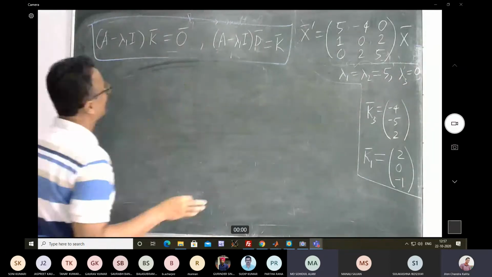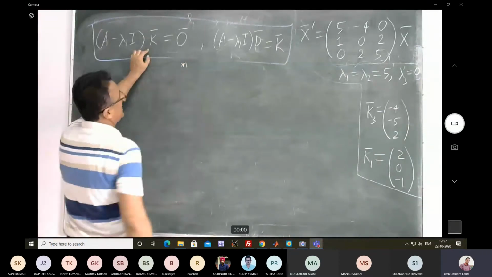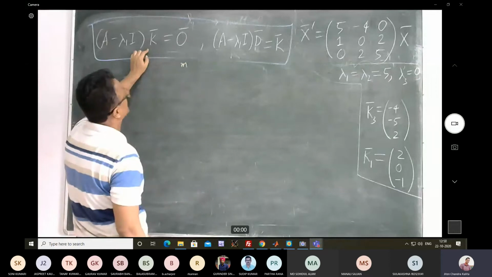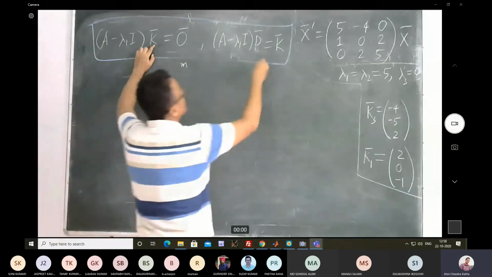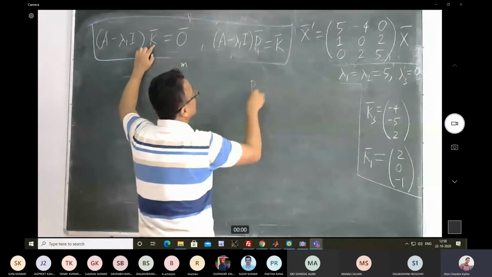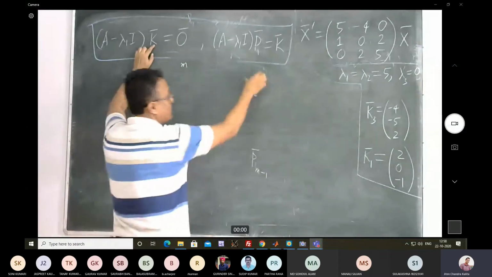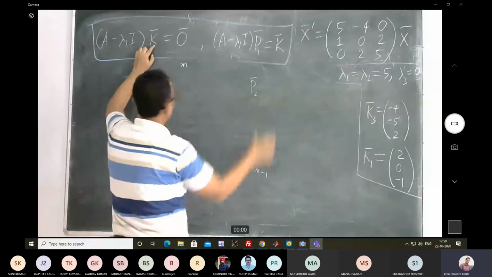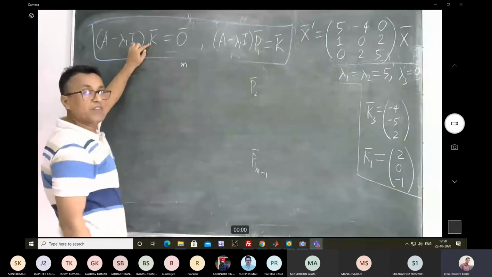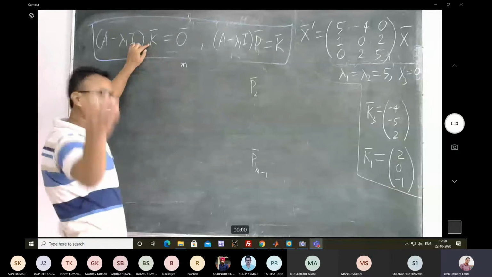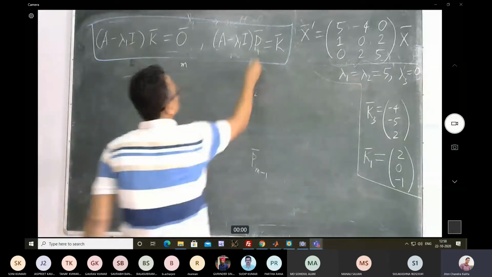See, basically, once you have found k, suppose I have an eigenvector of multiplicity m. Say I have already found the very first one. Then it is going to be p1 and then p2 up to p m minus 1, isn't it? If I am able to find all those remaining m minus 1, that along with this k is going to form a linearly independent set of vectors. Is it okay? So then basically, this is going to be P1.